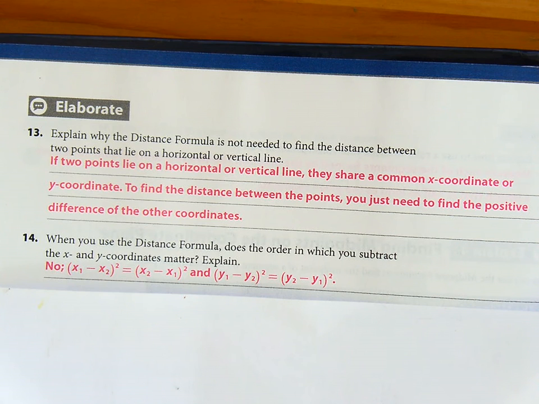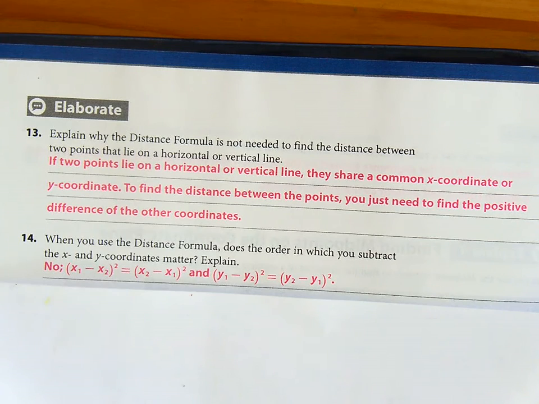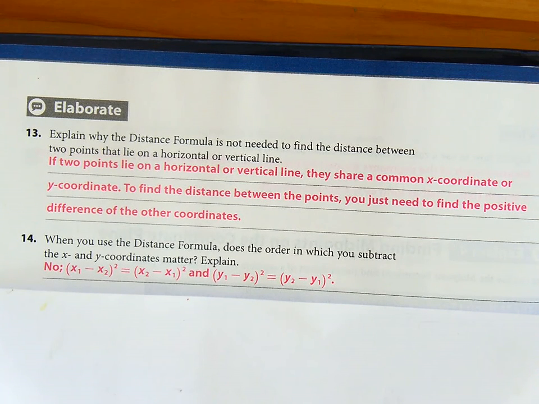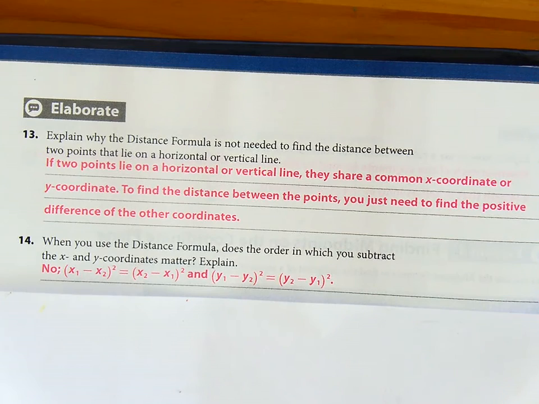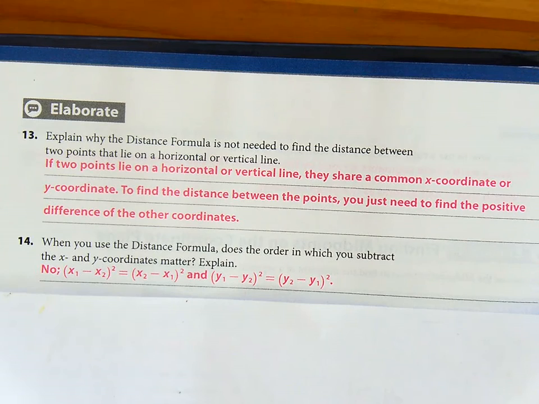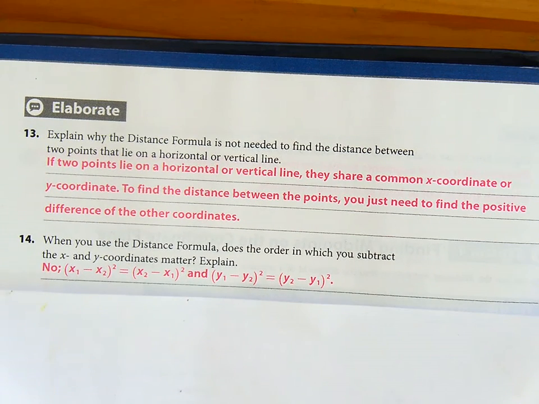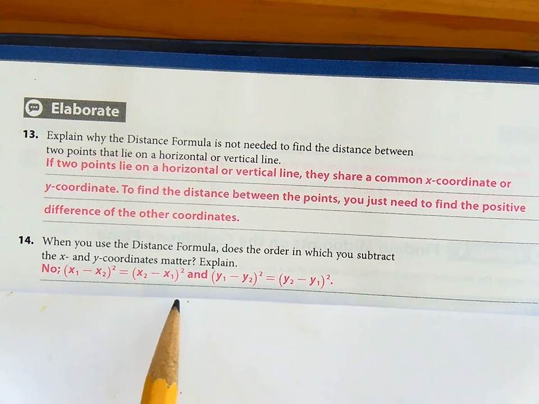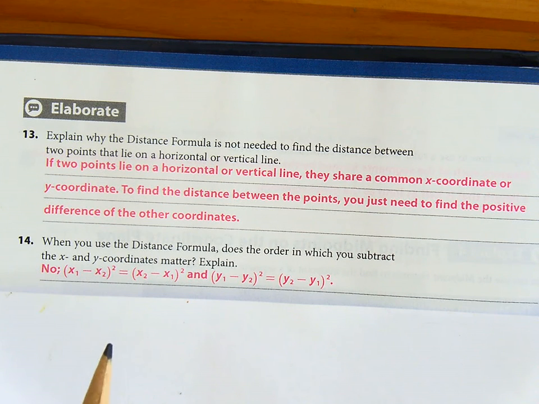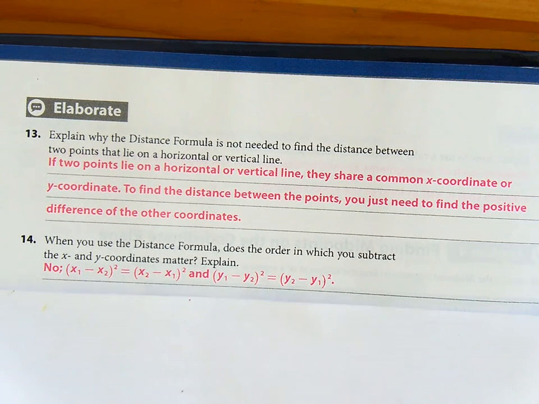And the reason why is because of the square component. Once you square it, it eliminates the sign. The difference between the x2 and the x1 is the same. It's just that usually if you put one before the other, you might end up with a positive version or a negative version. But once you square it, it doesn't matter whether it's positive or negative, they'll both come out being positive.